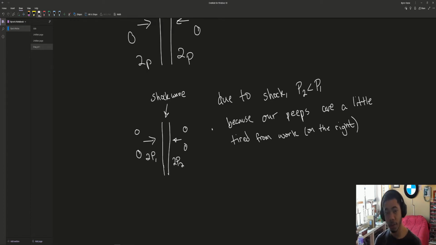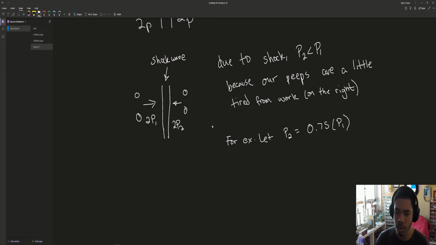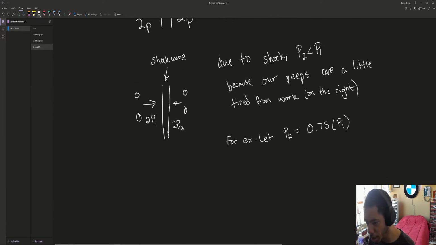So, if they're less, right, we're going to just say for the sake of this, for example, we're going to say P2 is 0.75 of P1. Well then, if that's the case, then we get 2P1 pushing this way on this wall.